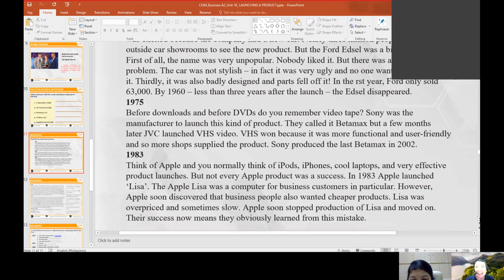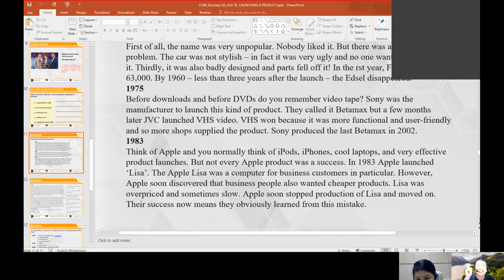Actually, I know this one because we also had Betamax before. I don't know in Vietnam, have you experienced having the VHS? Actually, we did have that, a Betamax, a long time ago.